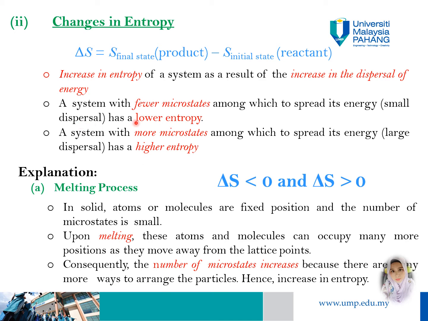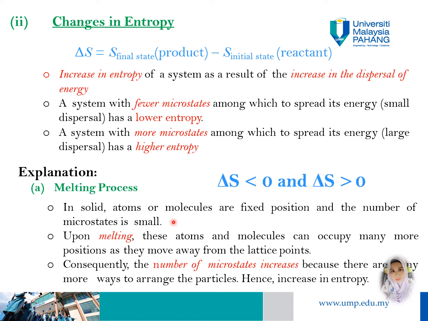Okay, a system with fewer microstates has a lower entropy, while a system with more microstates, which means that it has a large dispersal, has a higher entropy. For example, in the melting process from solid to liquid, delta S for the solid is less than 0, while for the liquid delta S is larger than 0.